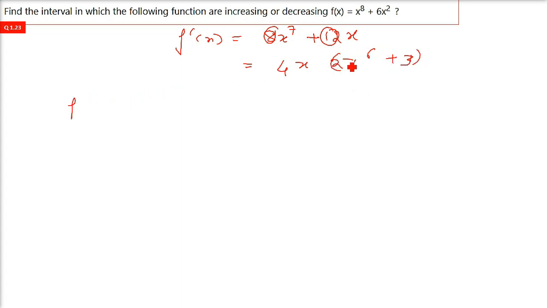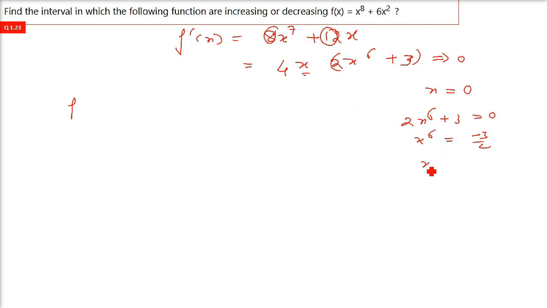Now let me tell you about the critical points. Critical points are achieved when we put this expression as 0. So either x is equal to 0 or 2x^6 plus 3 is equal to 0. So x^6 equals minus 3 by 2. Now this cannot happen. x^6 equals negative 3 by 2 is impossible.